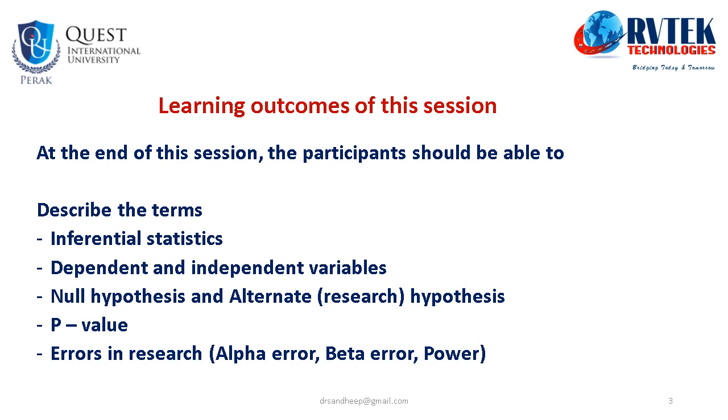What is dependent variable, independent variable, null hypothesis, alternate hypothesis? Alternate hypothesis is the other name for research hypothesis. P-value and errors in research such as alpha error, beta error and power of study. So we will go through each term.